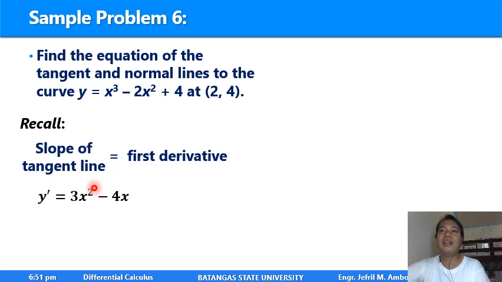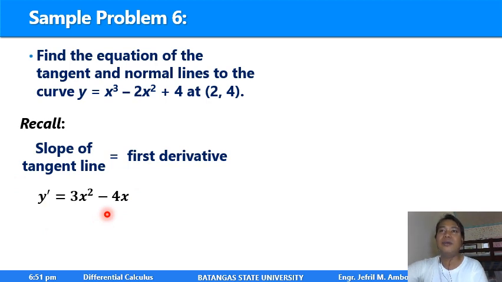So, ayan, isulat natin. Ano naman ngayon? So, ibig sabihin pala, ang slope ng curve na ito ay nagbabago-bago. Sir, anong gagamit kong slope ng line? You have to evaluate this at the given point. No? Parang yung kanina, after natin mag-differentiate, saka mo i-apply yung conditions.